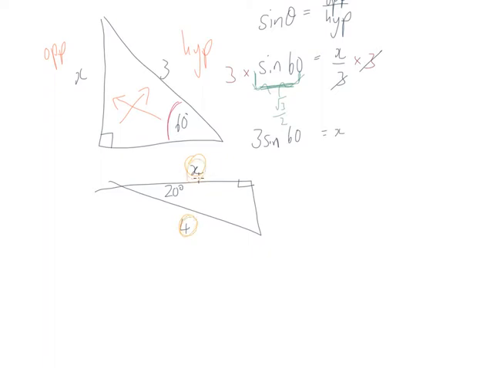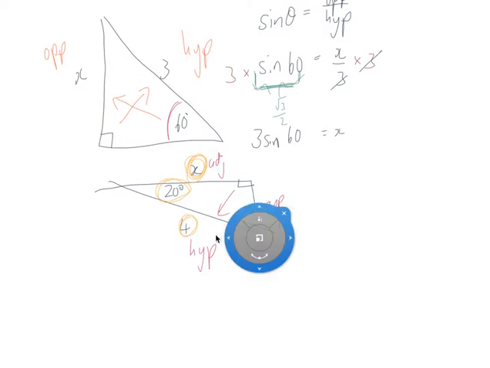My trigonometry bells should be ringing. Two sides, an angle, trig. What sides have I got? Let's go through and do some labeling. This side here is the hypotenuse. This side here is next to the angle, so it's the adjacent. If you need to, you can label the opposite and then go by elimination, that's fine as well. But I'm dealing with the adjacent and the hypotenuse.